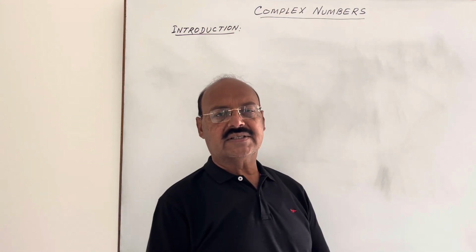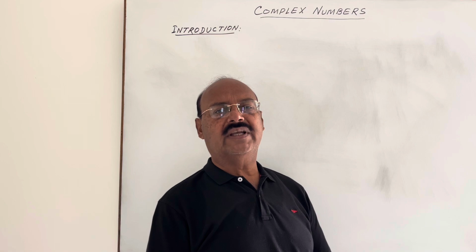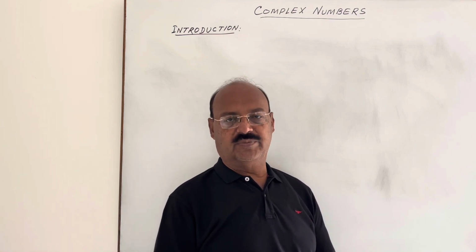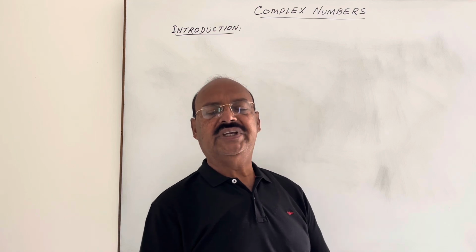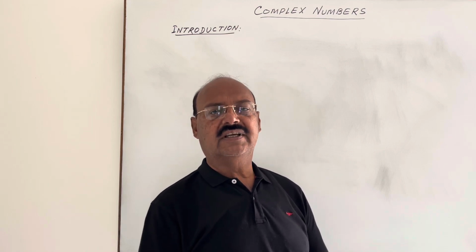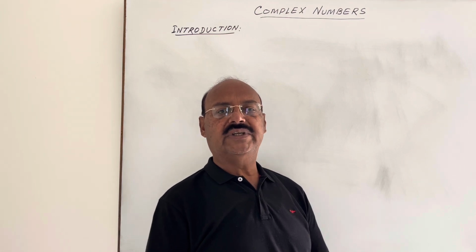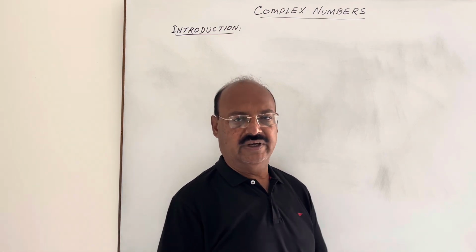The numbers of the form a plus ib are known as complex numbers, where a and b are real numbers and i is an imaginary number. i is equal to square root of -1.